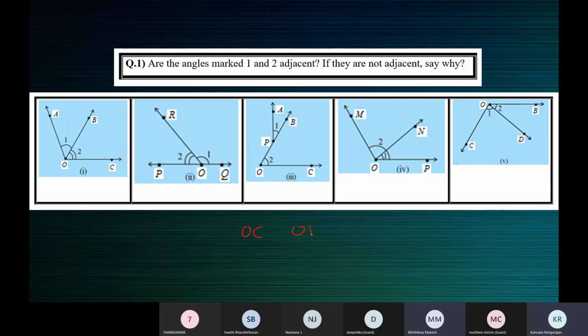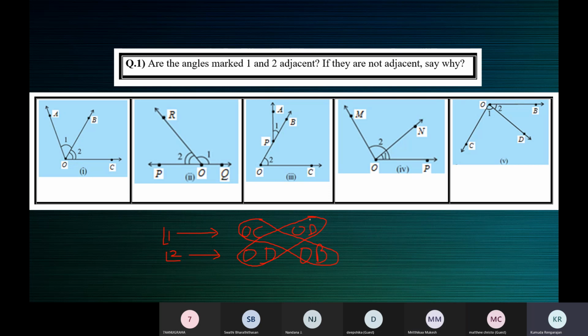And for angle 2, OD and OB. The first one is for angle 1, this is for angle 2. So this is the common arm. See here, OD. OD is the common arm. Then these are the non-common arms.